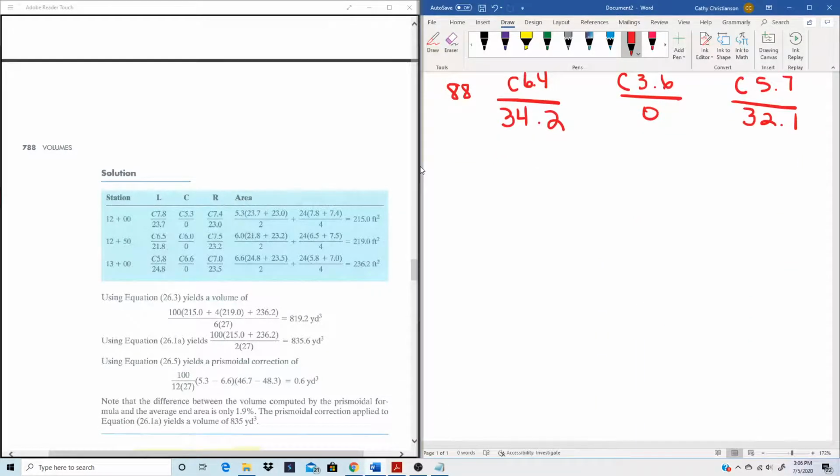So I'm going to do 89 first. For my cross section at 89, my C is 4.9. Distance left 24.3 plus distance right 35.2, and that's going to be divided by 2.